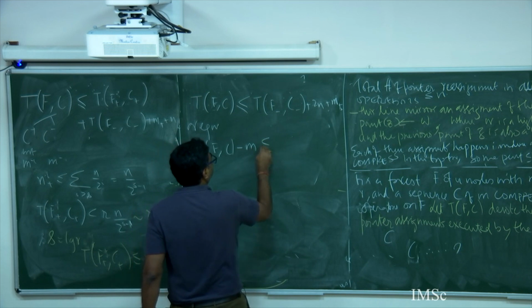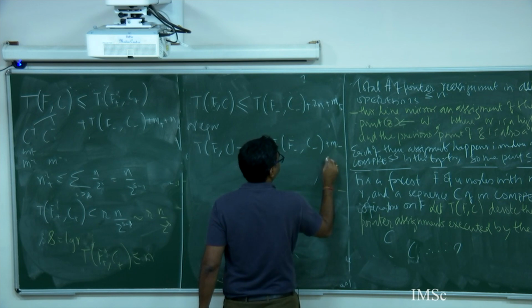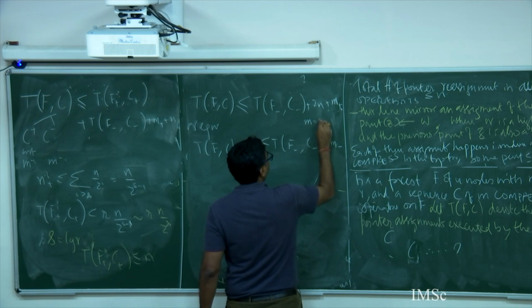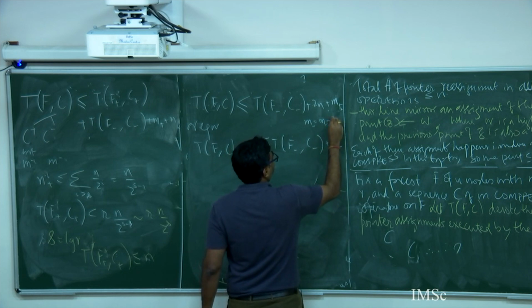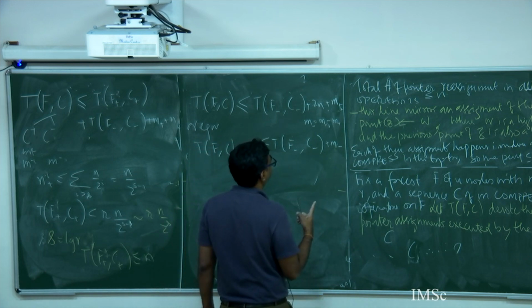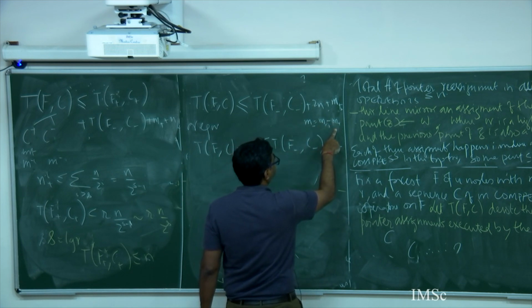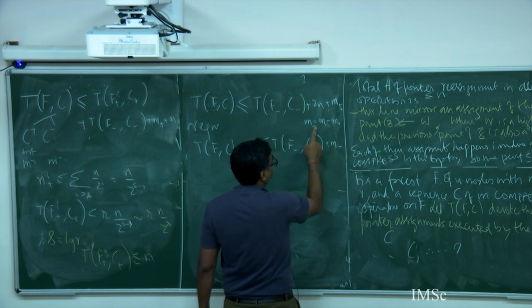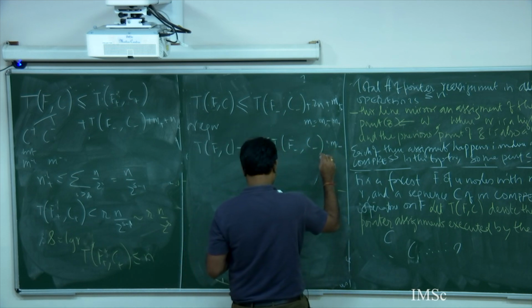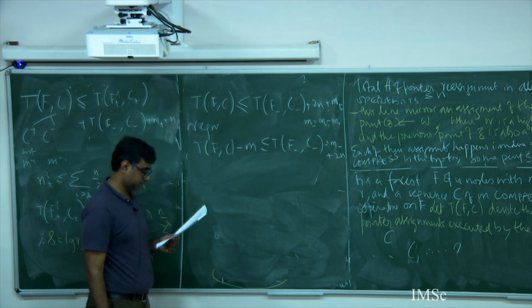I have moved this side. T of f minus c minus plus m minus, is it correct? m minus was m minus m plus, correct? So m plus can be assigned m minus m minus. So m goes there, so this should be minus m minus, right? Let's do it. Do you agree to this?